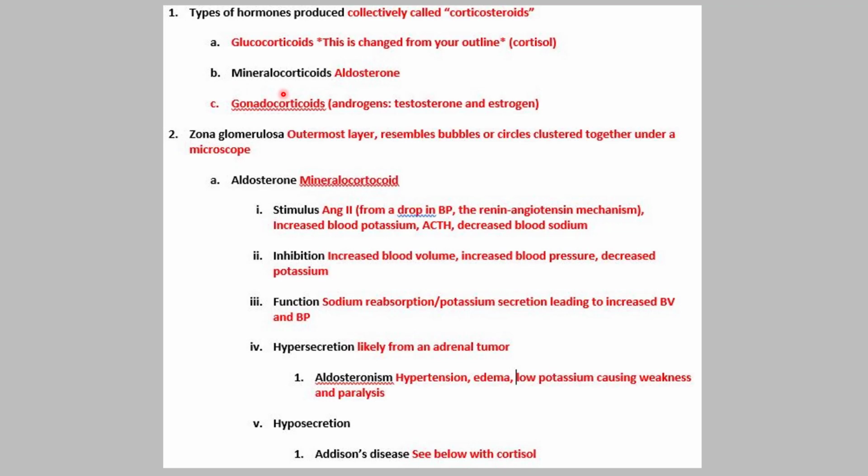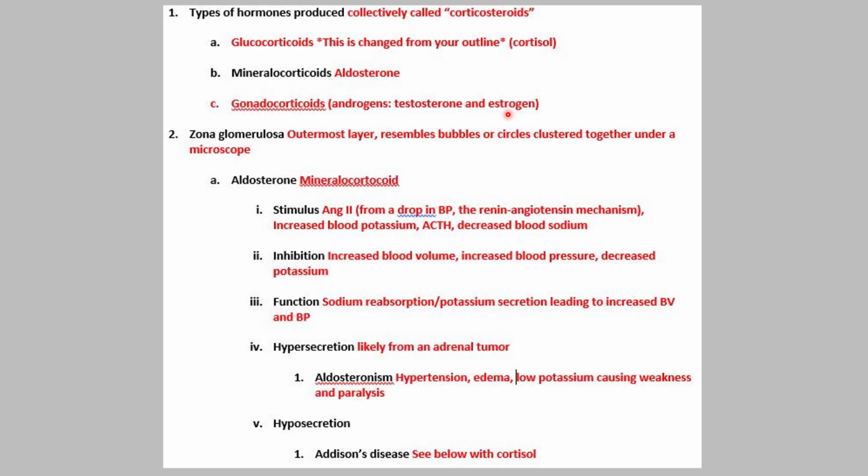And lastly, there are the gonadocorticoids, and these are the androgens, which are ultimately converted to testosterone and estrogen. So the adrenal cortex produces glucocorticoids, cortisol, mineralocorticoids, aldosterone, and gonadocorticoids, which ultimately become testosterone and estrogen.